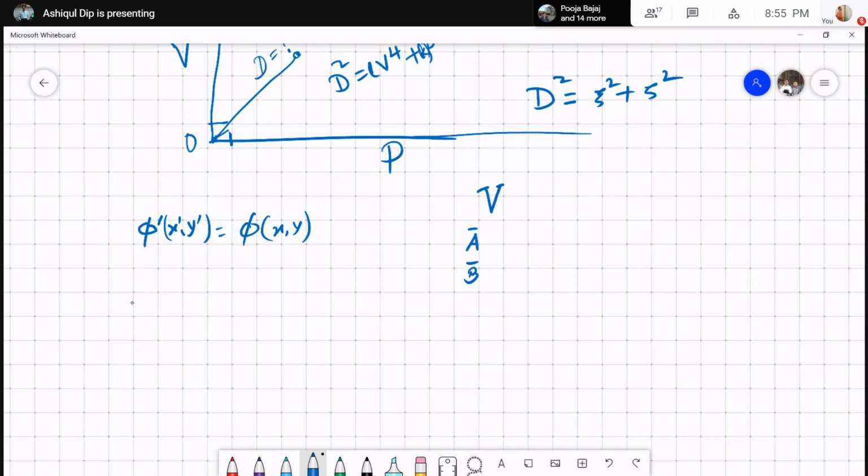It's defined like this: addition has to be defined, and that addition has to again be an element of V. Addition has to be commutative.